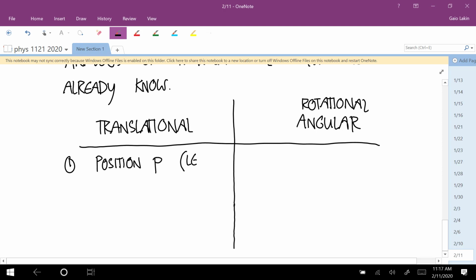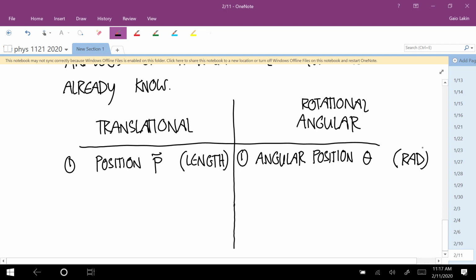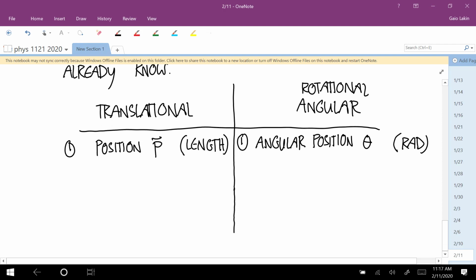We call that P vector. And the analogous angular quantity to this is the angular position. We'll call that theta. And that has units of radians, but it's also pretty rad once you get used to it. That was stupid.